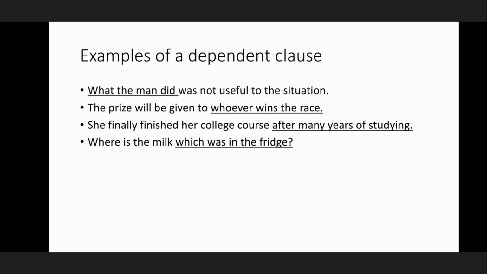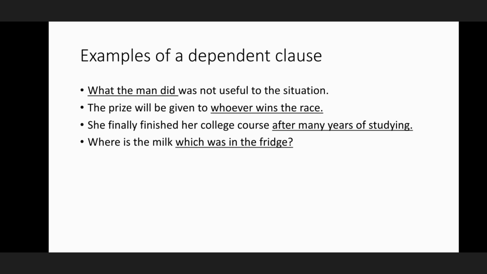She finally finished her college course. That is a complete sentence. Then we have the addition of a subordinate clause or a dependent clause to it, then we have a complete thought. So the subordinate clause there gives additional information about the person that finished a course and how many years it took the person to finish the course.